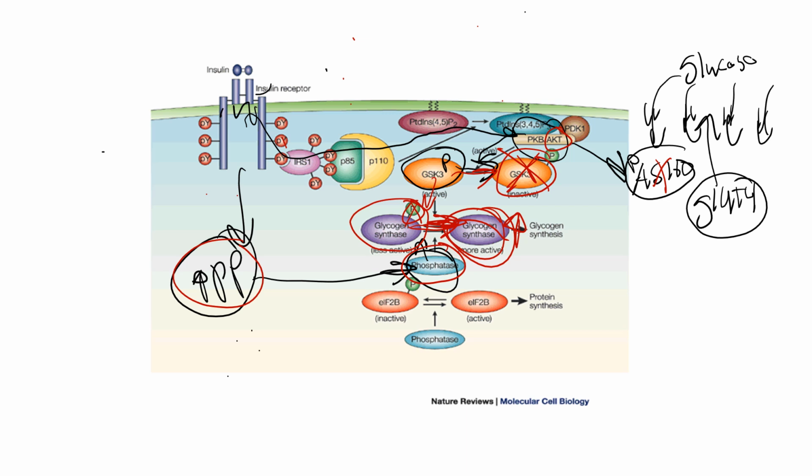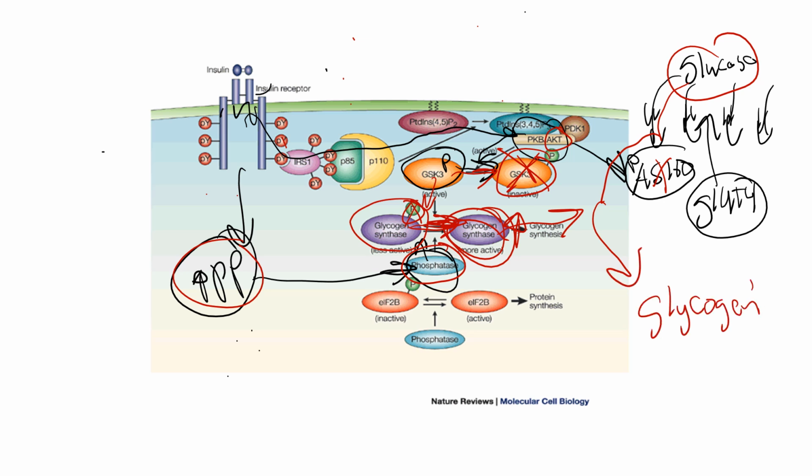It means that the glucose that's coming in, thanks to the activity of glycogen synthase, is going to get added to glycogen, right? It's going to increase the activity of what we call glycogen synthesis. Those glucose molecules that are coming in are all going to get added to the glycogen chain, and the muscle cell is going to store all of this glycogen to use later on.